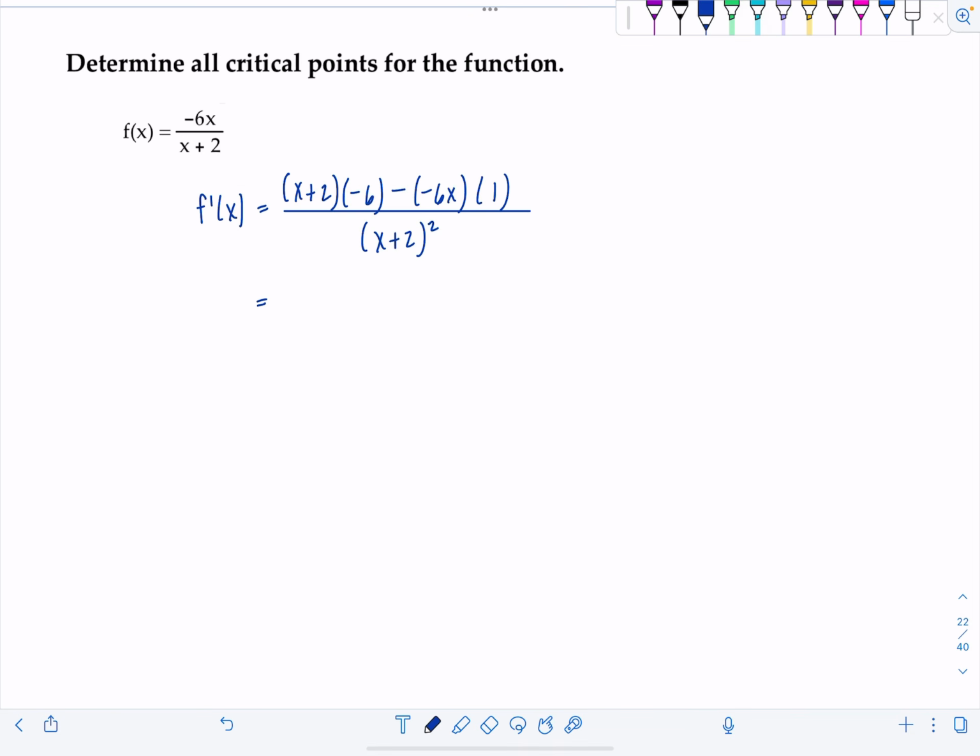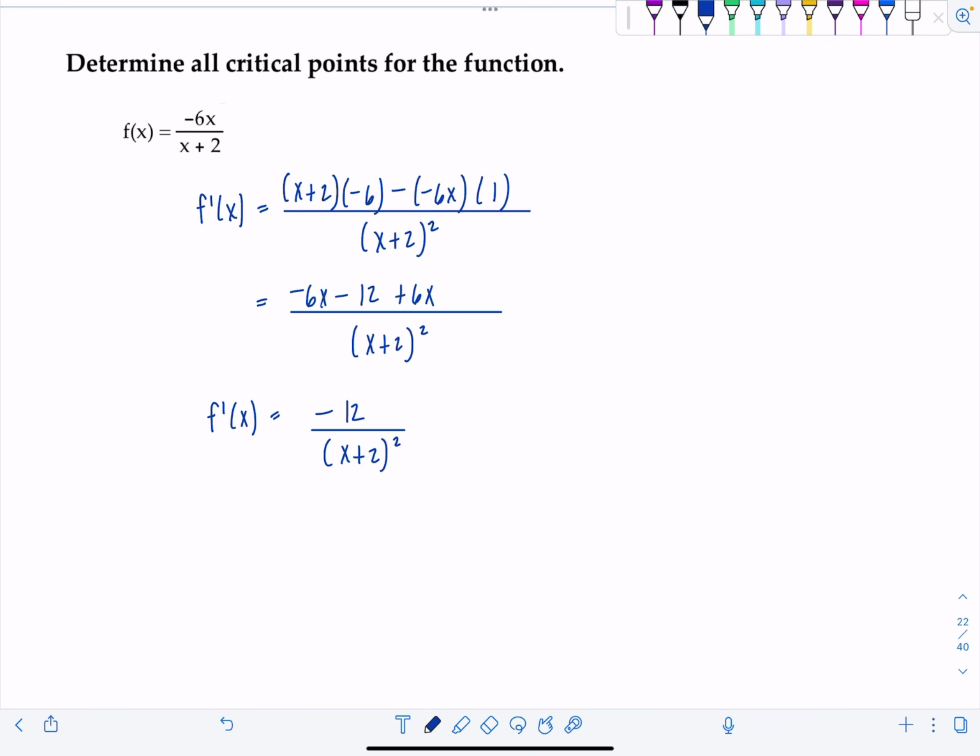Let's clean it up from here. So in the numerator, I'll have negative 6x minus 12 plus 6x over x plus 2 squared. And then that's just going to simplify and give me negative 12 over x plus 2 squared.